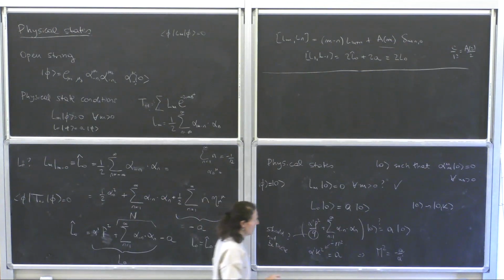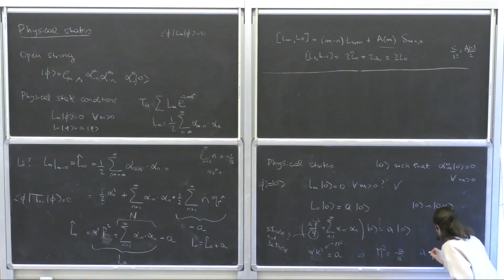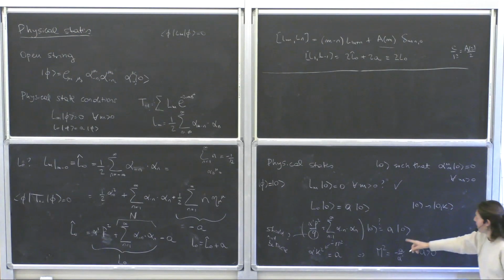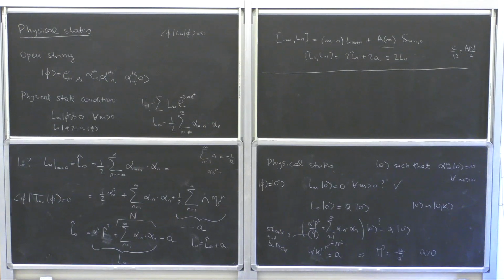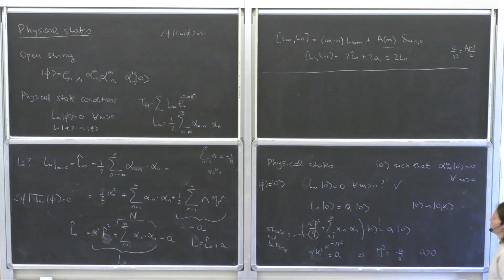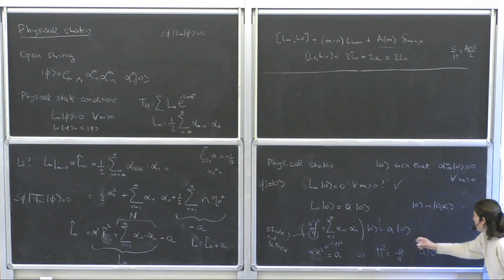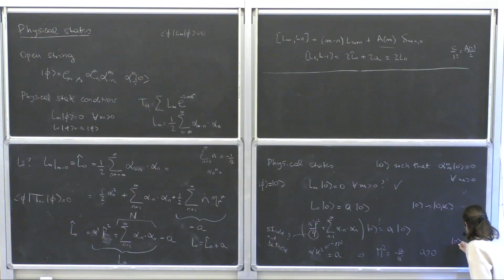As somebody said, A is going to be equal to 1. So this means that this state is physical, if it satisfies this mass shell condition, and I can say that this is the requirement. And it's a tachyon. So this state is a tachyon.